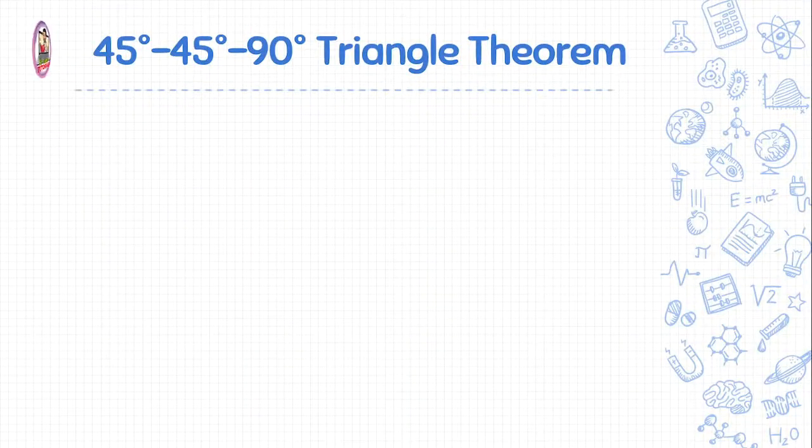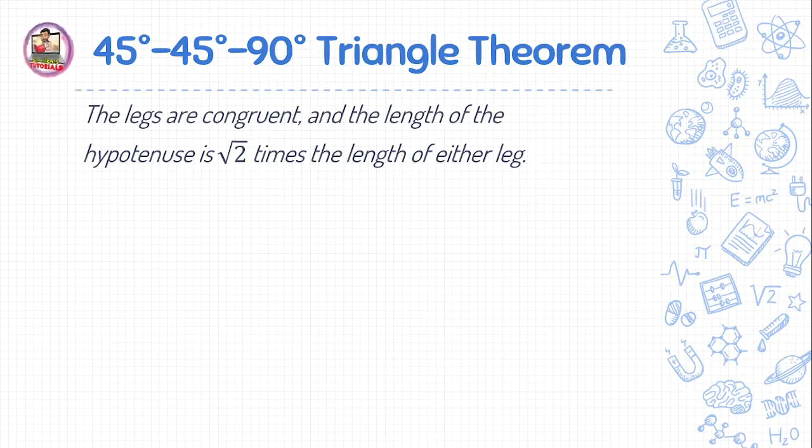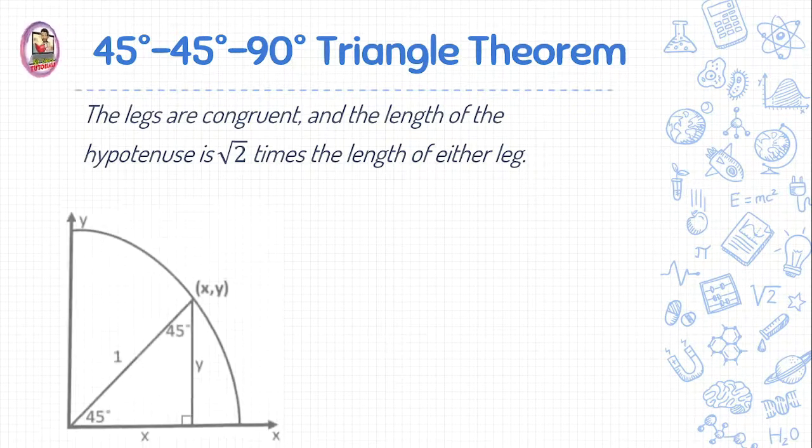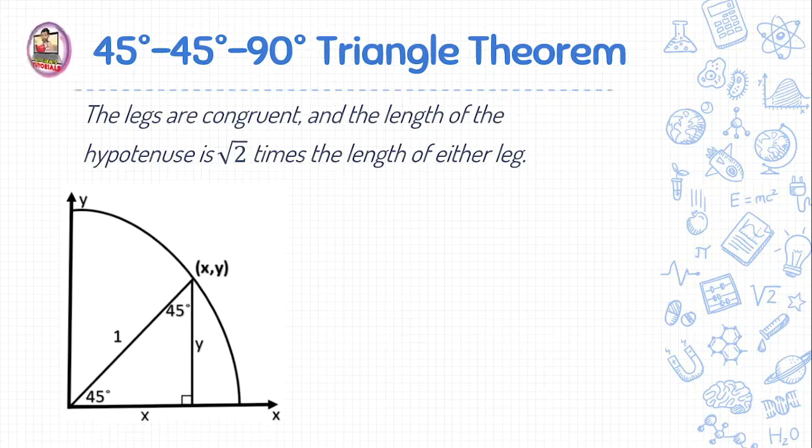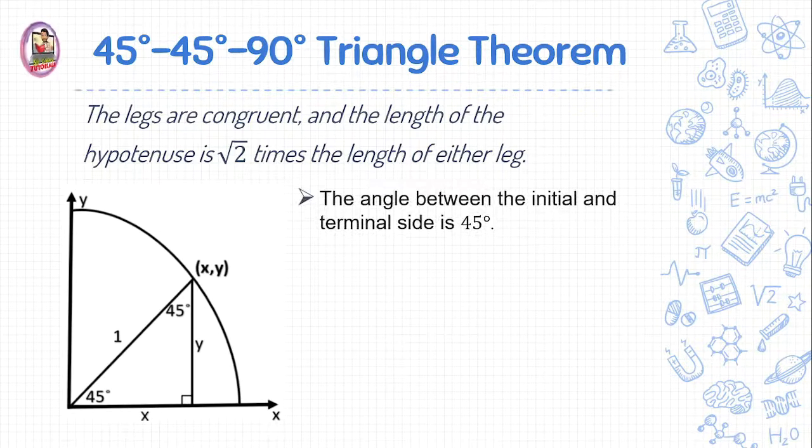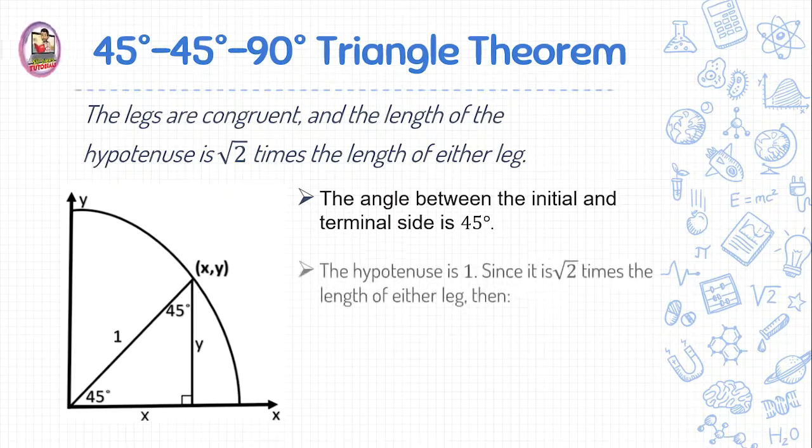So for the second theorem, the 45-45-90 triangle theorem, the legs are congruent and the length of the hypotenuse is square root of 2 times the length of either leg. So we have this figure. The angle between the initial and the terminal side is 45 degrees.